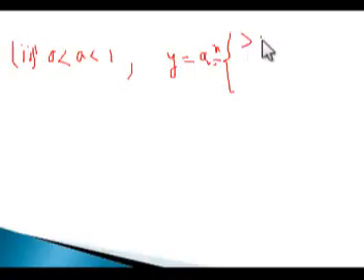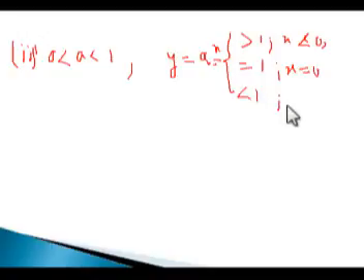Then y is equal to a to the power x, which is greater than 1 for x less than 0, equal to 1 for x equal to 0, and less than 1 for x greater than 0. So its graph will be in this way.